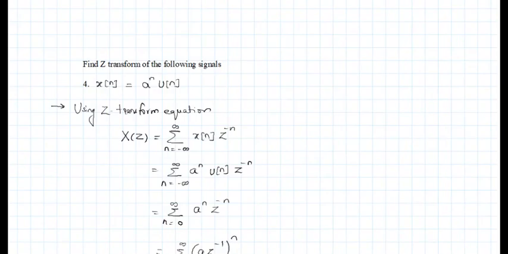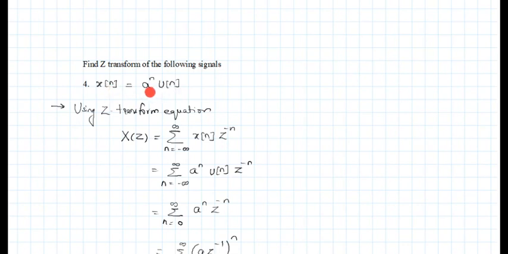Moving ahead with an example of Z transform, x[n] is a raised to n u[n]. Now we are coming to an example wherein we are applying the Z transform to an infinite sequence. Whatever three examples we have just discussed were applied to finite sequences. Now let us discuss an example of Z transform applied to an infinite sequence.